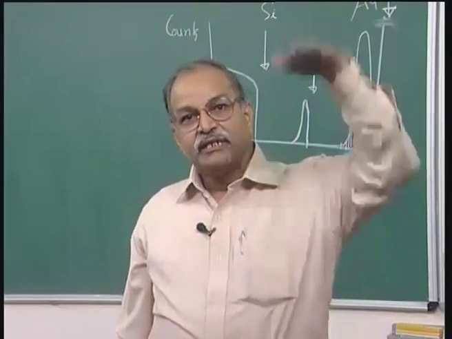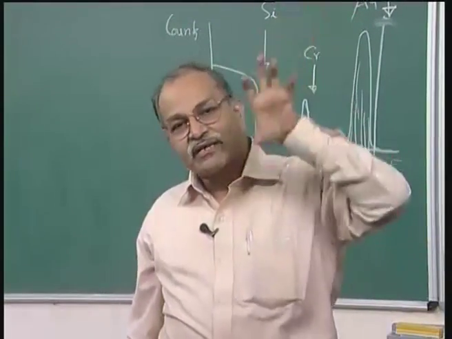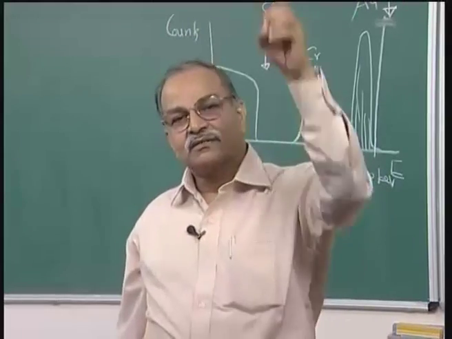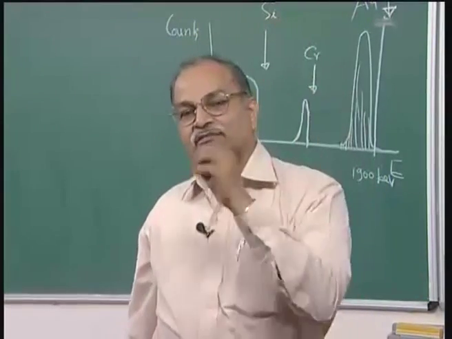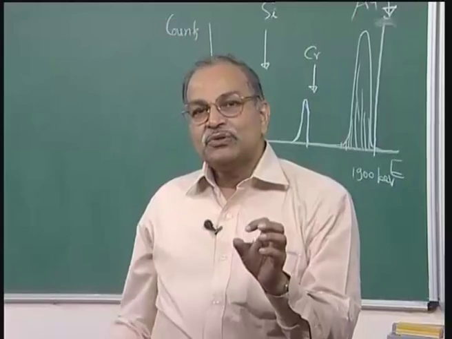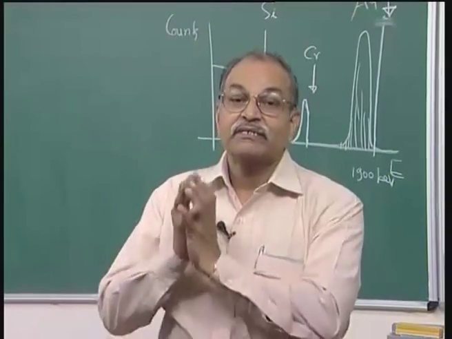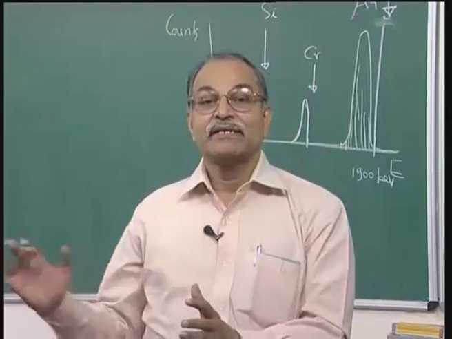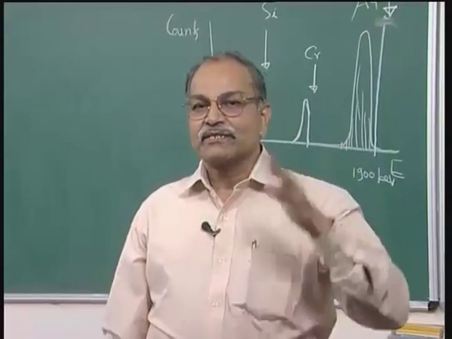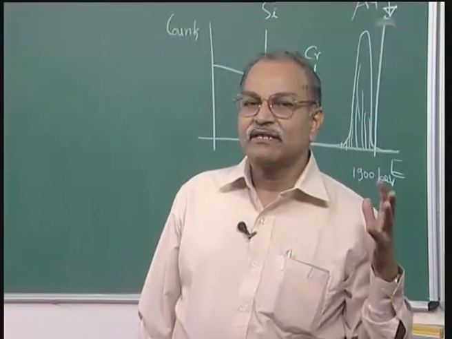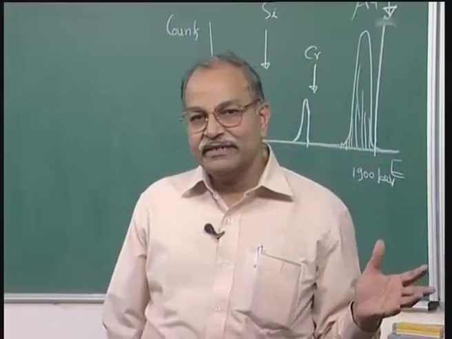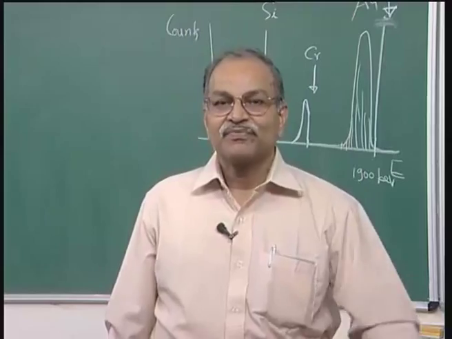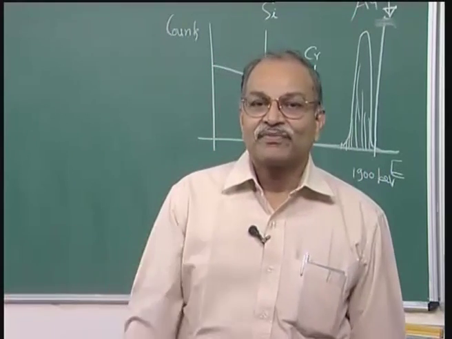From the number of counts at that energy level, or the area under the peak, we will know the amount, the concentration, how much of which impurity is sitting there. So, this is a trace element analysis technique based on proton beams, hydrogen ion beam.